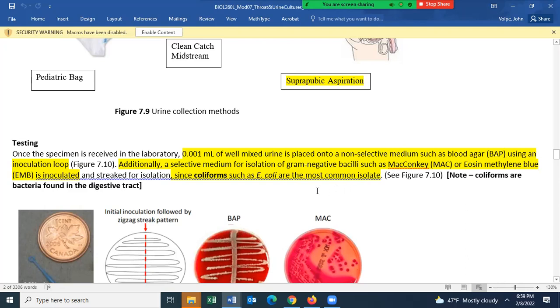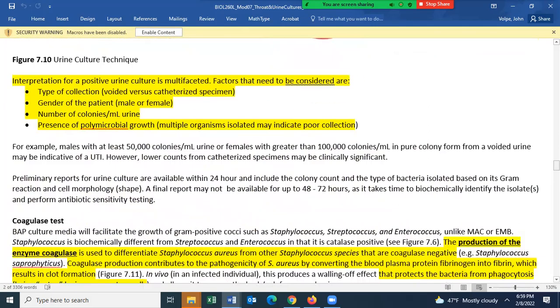The number one pathogen obtained from a urine specimen is actually E. coli. And coliforms grow on MacConkey's and eosin methylene blue, and then the gram positives will not grow on these plates. But there are some urine specimens which are gram positives, and so we have to grow it on a blood agar plate. Any question about any of that?